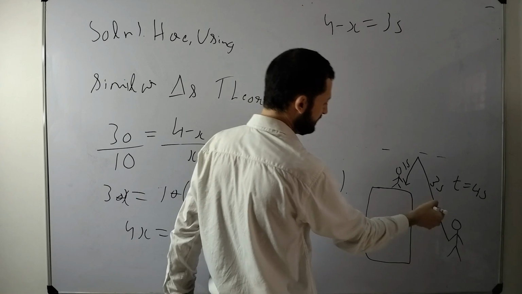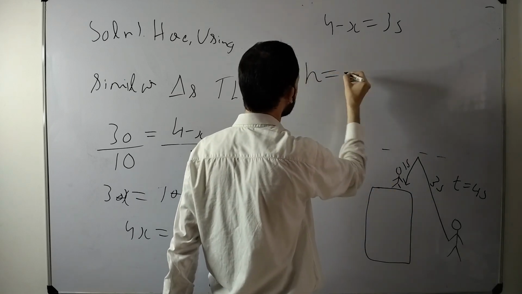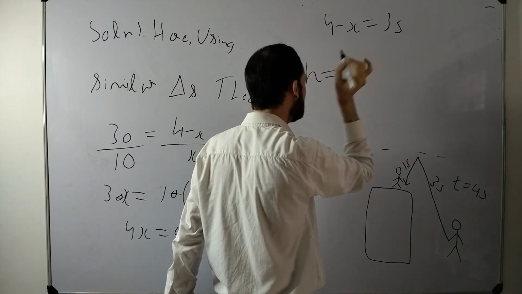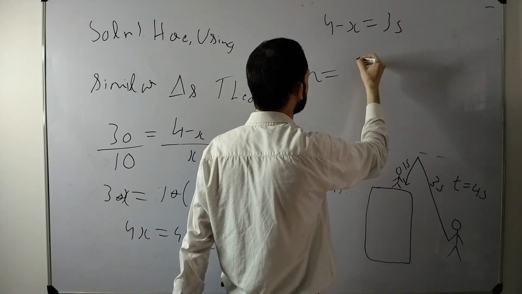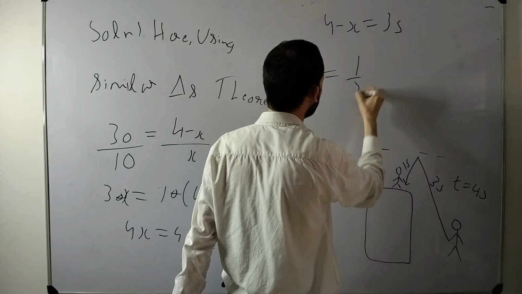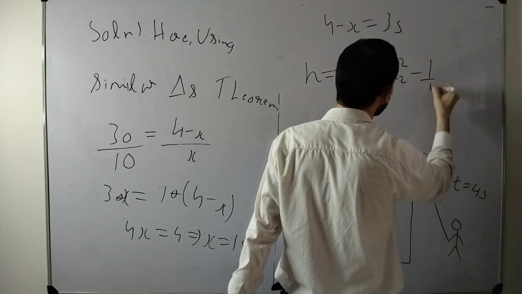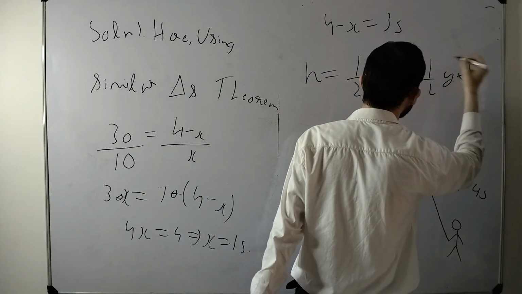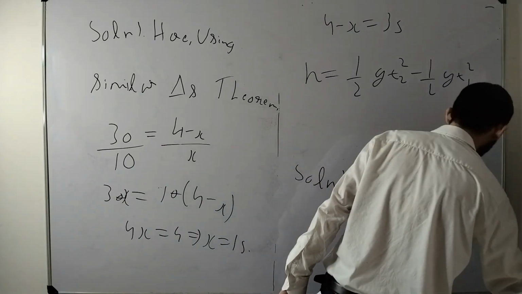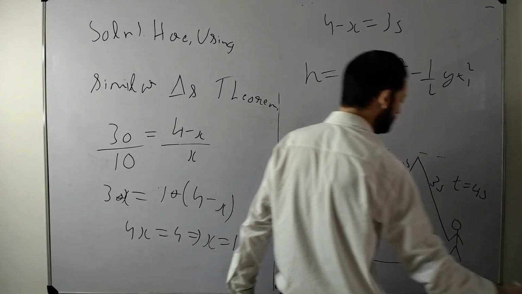So I need to find the height, displacement. Now what should be the height? So area should be the height. So area, half g t2 squared minus half g t1 squared. Right, students? So how does this come?